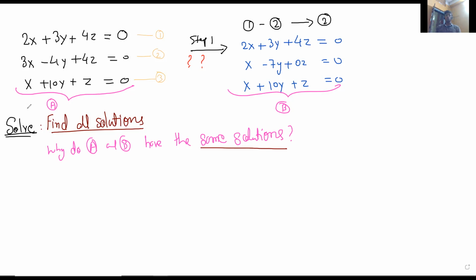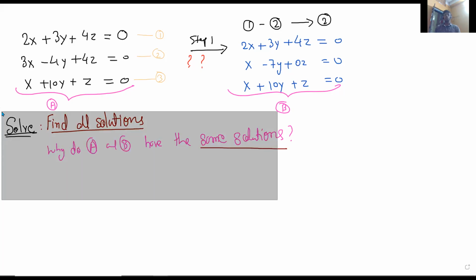Yes, so we are making a row transformation. But why does a row transformation not change the solution? That is the thing.